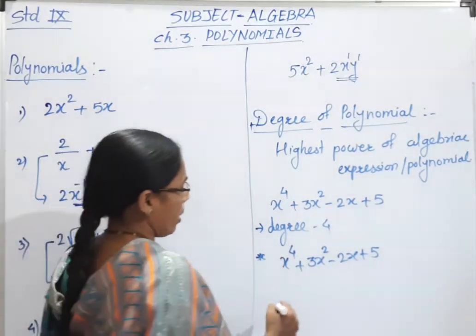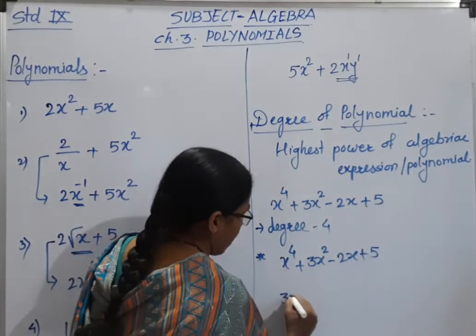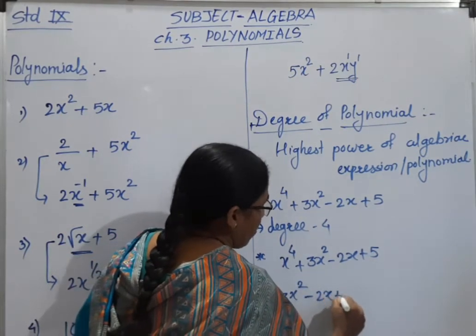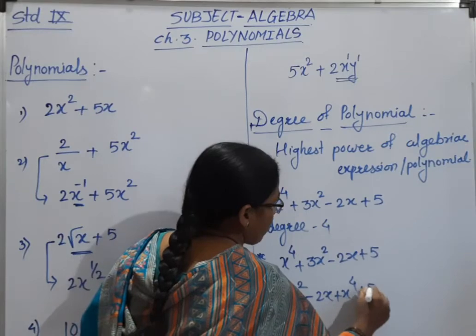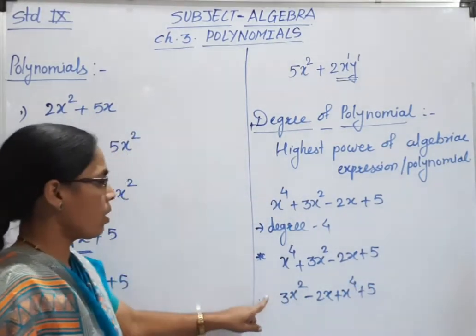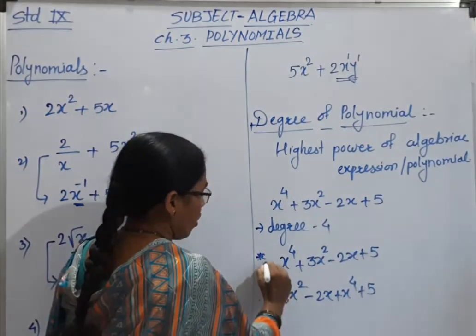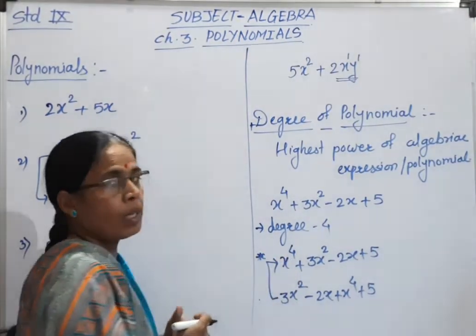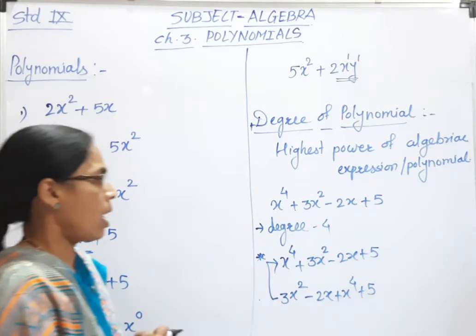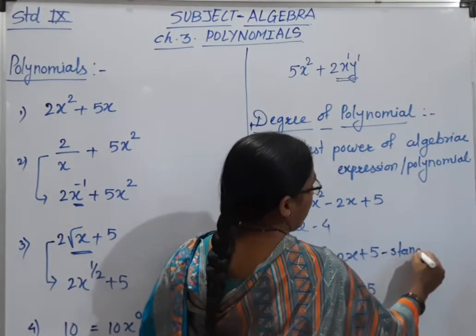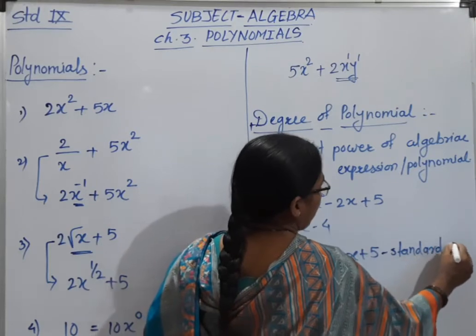Sometimes it is given like this. Suppose 3x square, then minus 2x plus x raised to 4 plus 5. If any example is given in this form, then we have to write it in the descending order of the indices, which is the standard form of a polynomial.